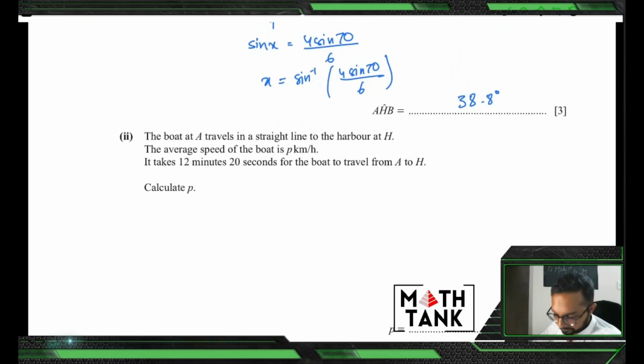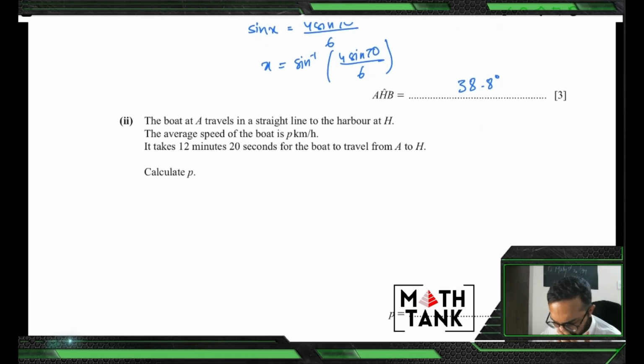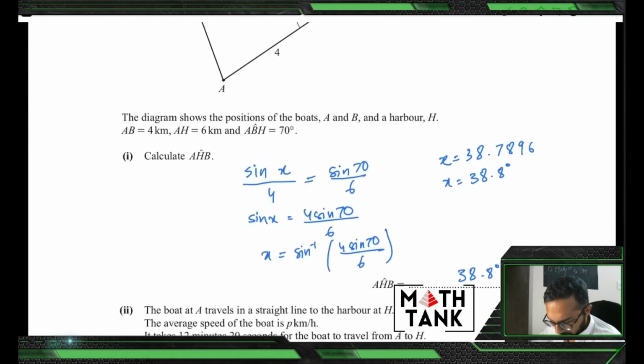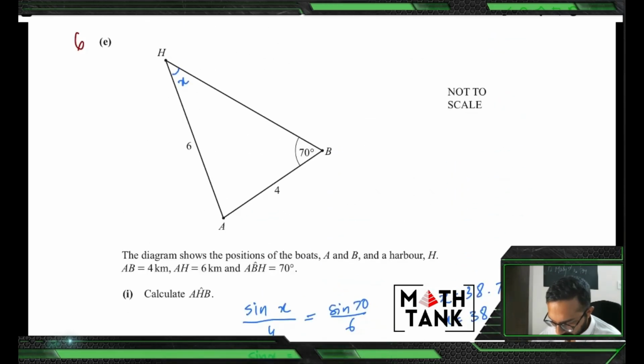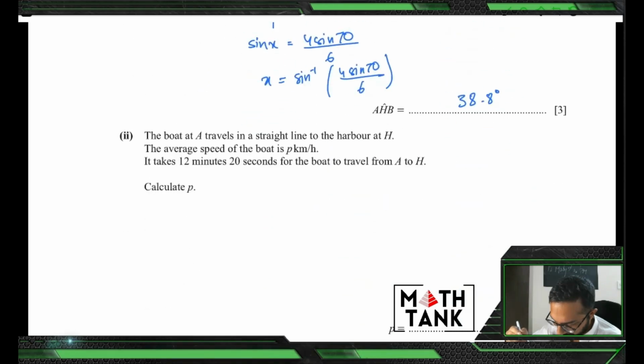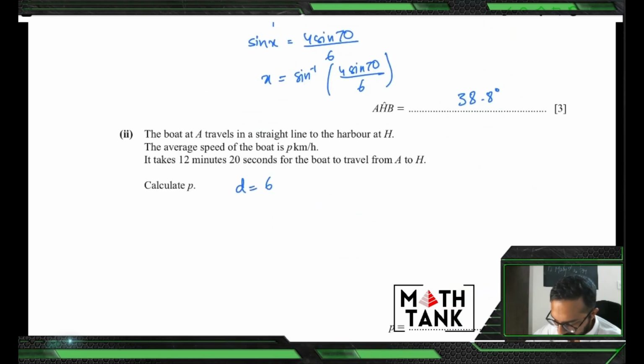Then moving on, it says the boat travels in a straight line from harbor. At H, the average speed of the boat is P. This boat is traveling, so 6 kilometers. So the distance is 6.